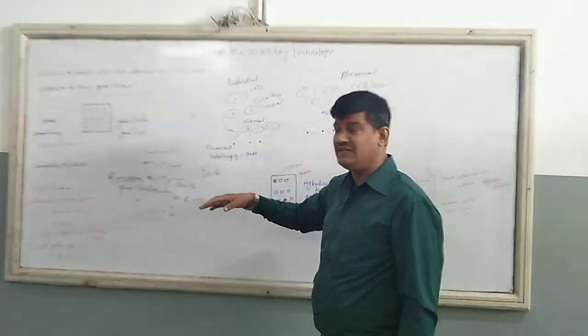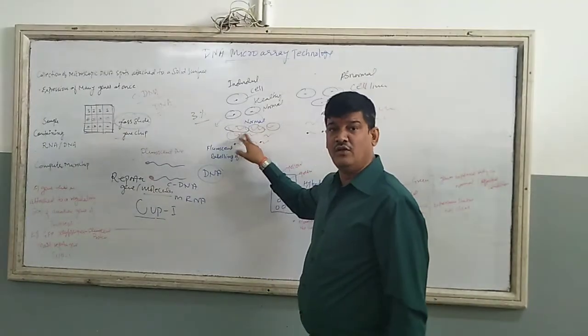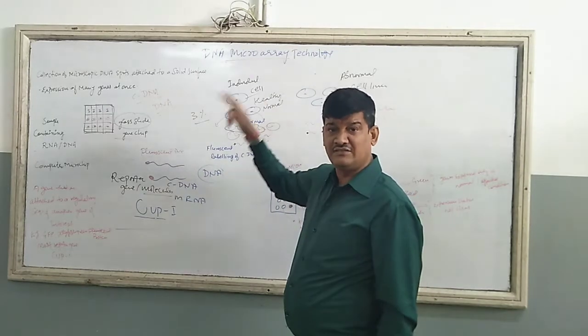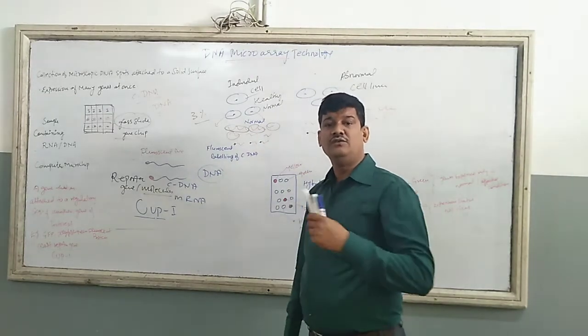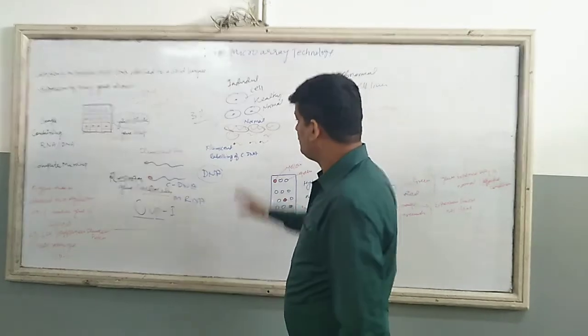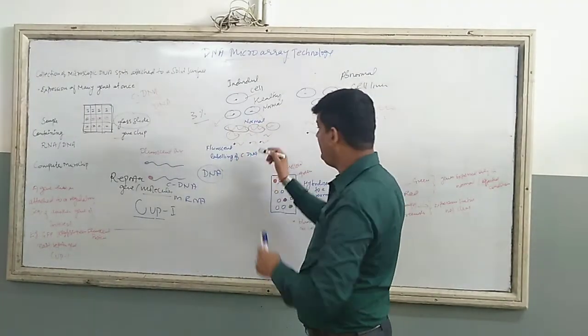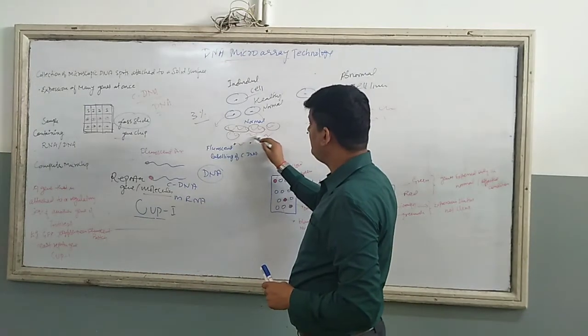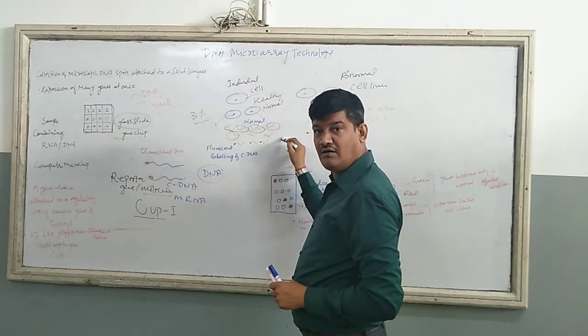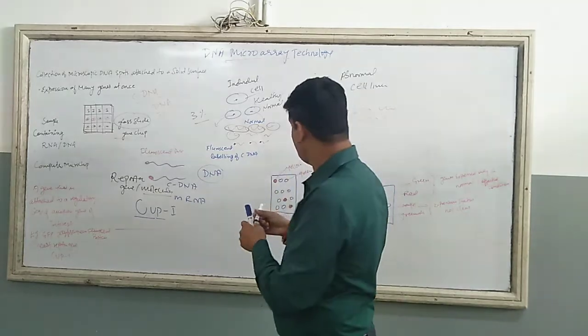So to stop the degradation of this messenger RNA, we use the reverse transcription process, that is, the use of the reverse transcriptase enzyme. This reverse transcriptase enzyme makes a complementary base pair with the RNA, and that is called the complementary DNA.